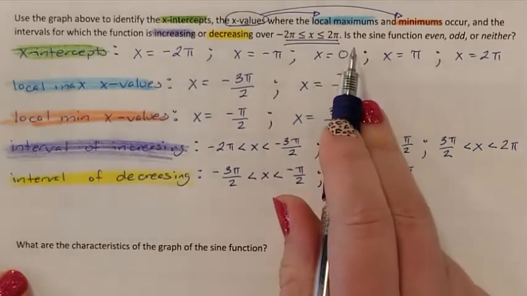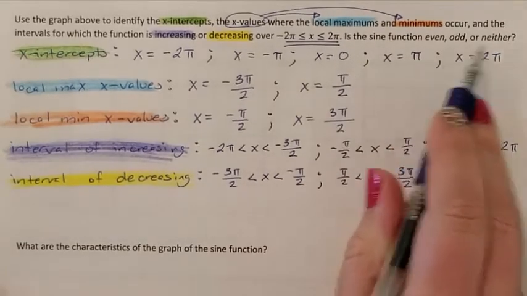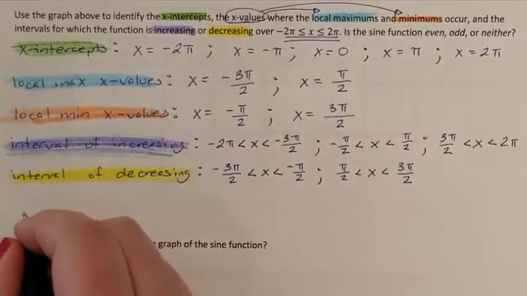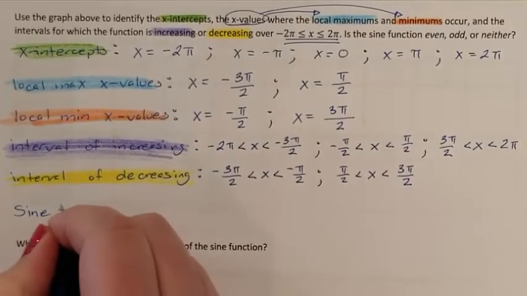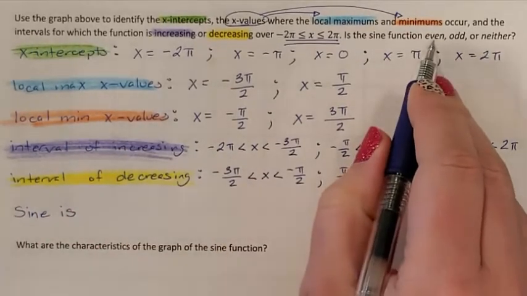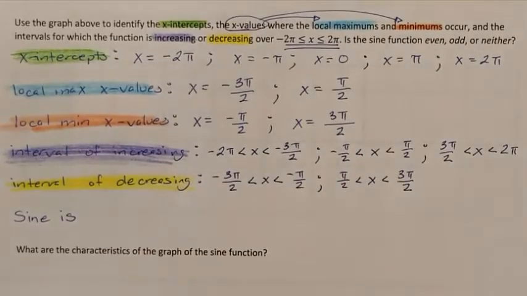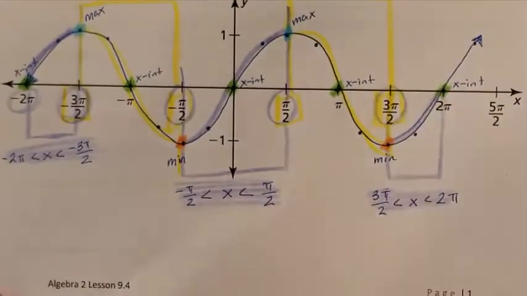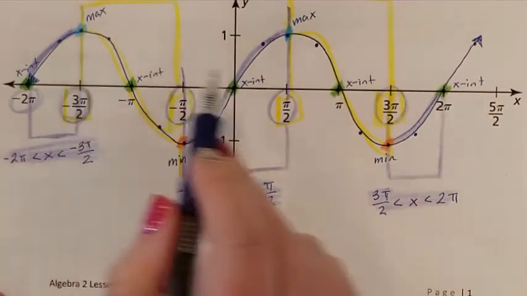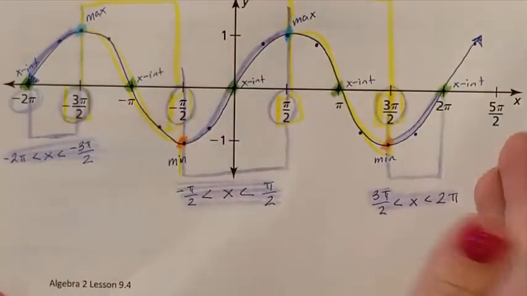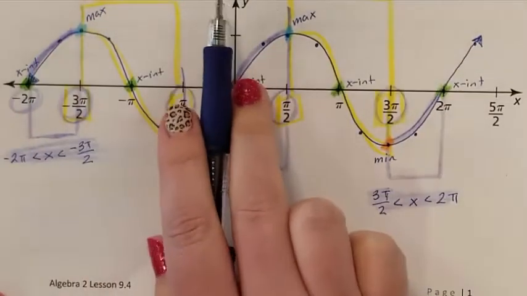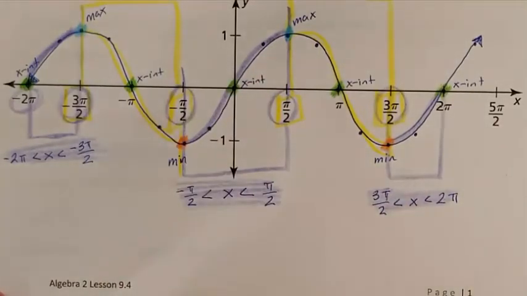Our last question is asking us, is sine going to be even, odd, or neither? So you're going to say sine is, now remember, even meant that it looks the same on the left as it did on the right. So looking at our problem, does this side over here mirror exactly this side over here if I were to fold it along this dotted line right here? It does not. So it cannot be even.